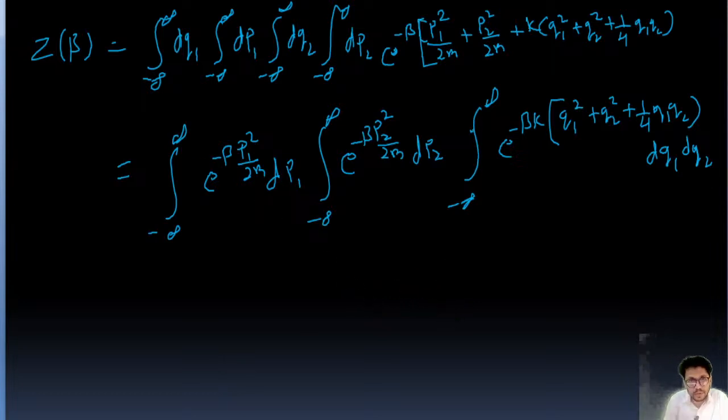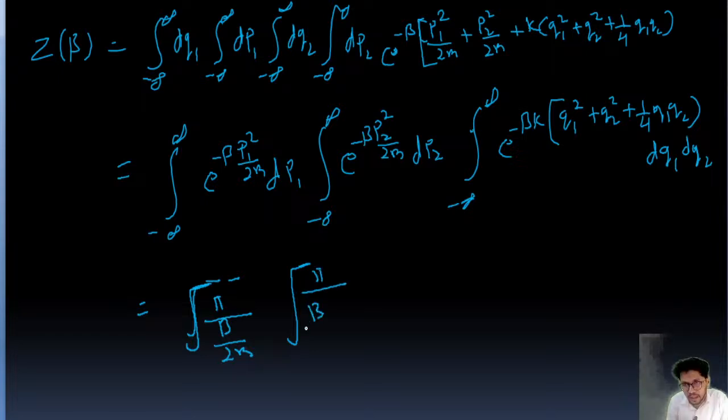So this is going to be root of pi upon beta upon 2m, into root of pi upon beta upon 2m.